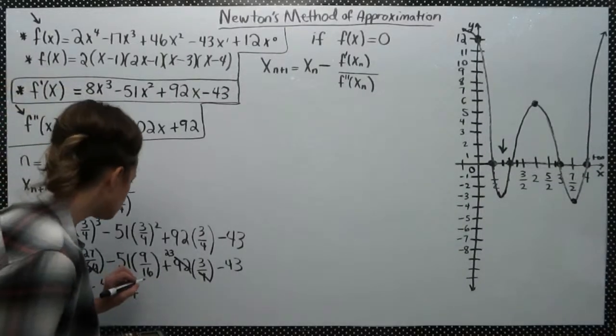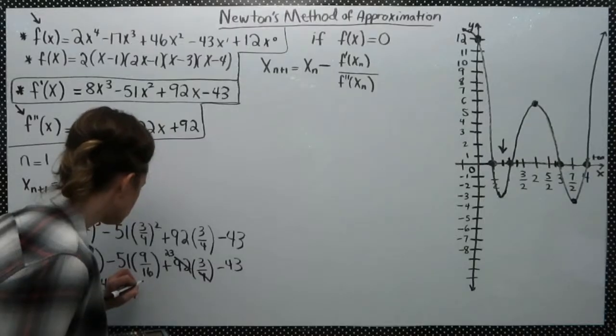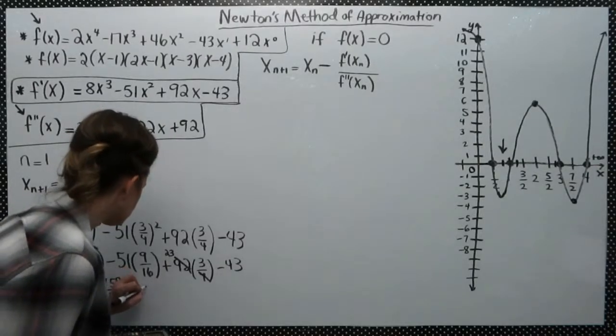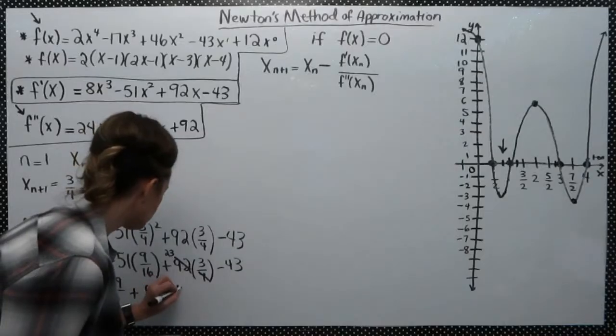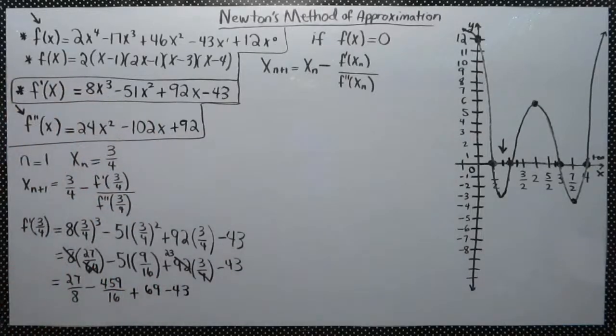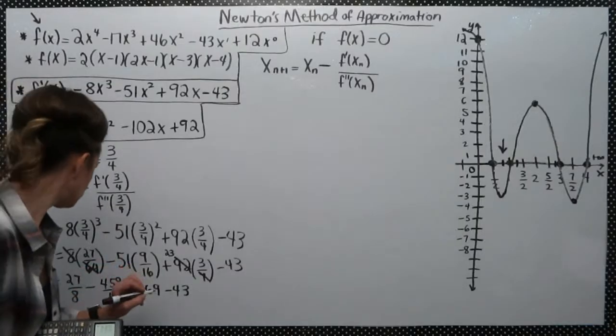So I'm getting 69 minus 43. So we'll go ahead and subtract these before we add the fractions. Okay. So we've got 69 minus 43. I got 26.